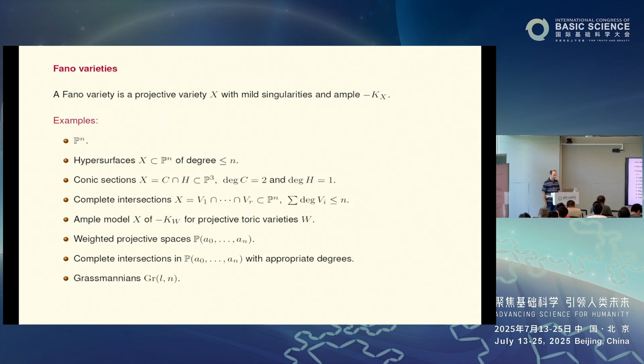And if you go back to the ancient world, where Greek mathematicians studied conic sections, they all happen to be Fano varieties. They are defined by degree 2 equations, so they happen to be Fano varieties. More generally, we can intersect hypersurfaces of the right degrees. So as long as the degrees are not too large, then what you get will be a Fano variety.